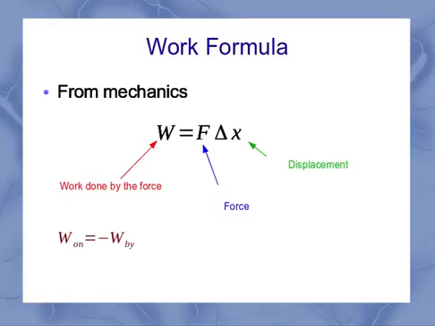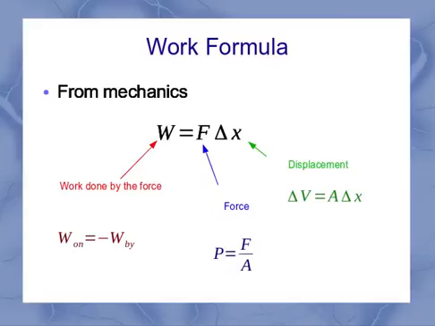What we really want is the work done on the gas, which is always the negative of the work done by the gas, the work done by the force. And in particular, force expressed for a gas is the force per area, which is the pressure. So if you know the pressure and the area, you've got the force. Similarly, for a gas, we can express the volume in terms of the area and that horizontal distance.